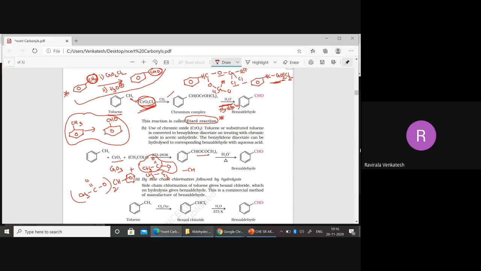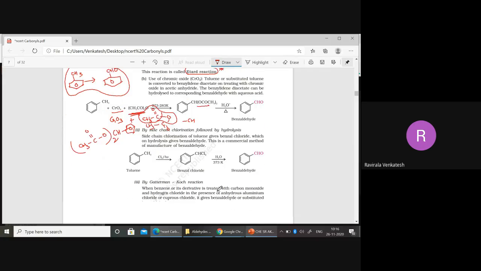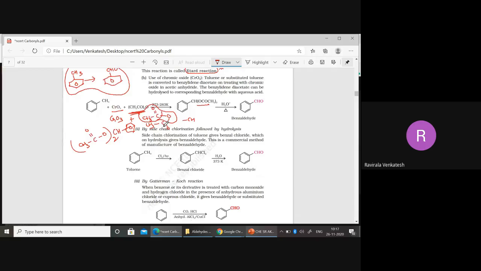In the previous case, we took CrO2Cl2, now you take this bond, CH3, C double bond O. In both cases you take the Etard reaction, and both have the same reactant and same product. And the third one, this second one in this case, is very, very important. Side chain reaction is very, very important. We'll see this one.